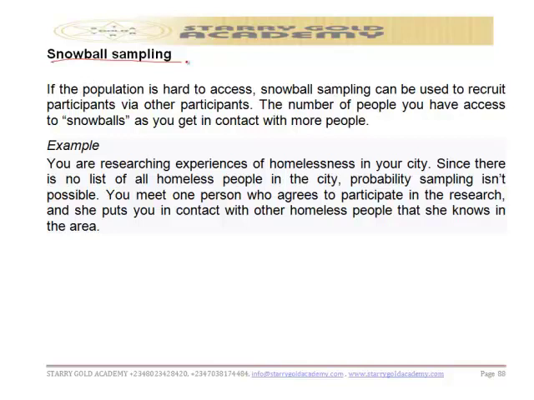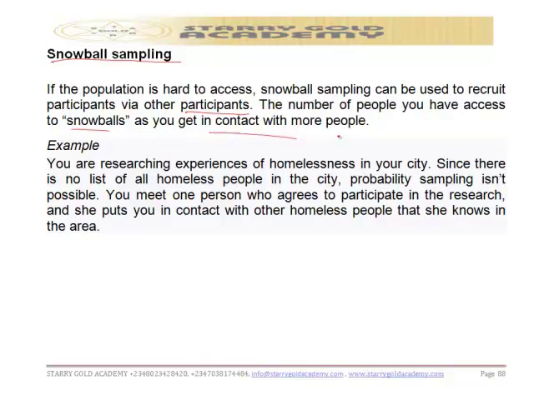When you need a certain sample, you use random sampling to select the first set. Then you start asking the first sample you selected for information regarding other members of the population, for you to know which among them are qualified to be your sample. If a population is hard to access, snowball sampling can be used to recruit participants via other participants. So the number of people you have access to snowballs as you get in contact with more people.